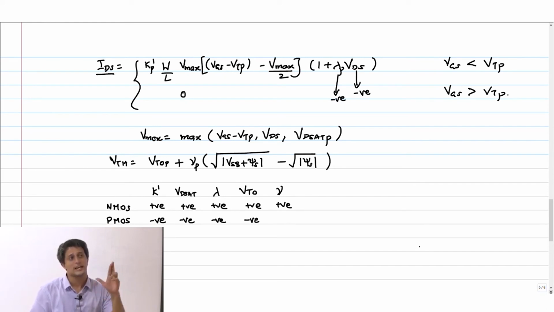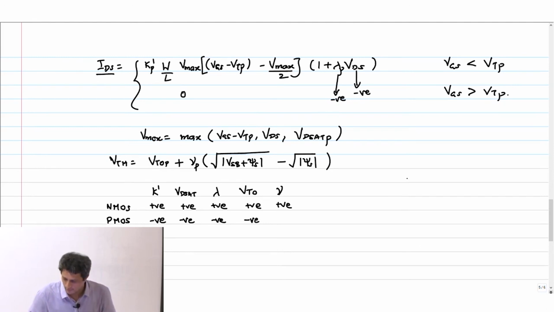No, but decreasing threshold voltage for a PMOS means what? Decreasing mod of the threshold voltage? Or I am increasing, I am adding a delta to the VT, right? But you are right, it's basically decreasing the mod of the threshold voltage. It is easier to invert the channel if the body is negative, right?